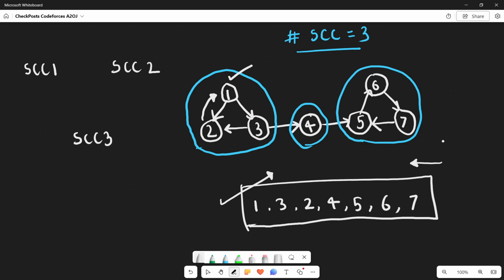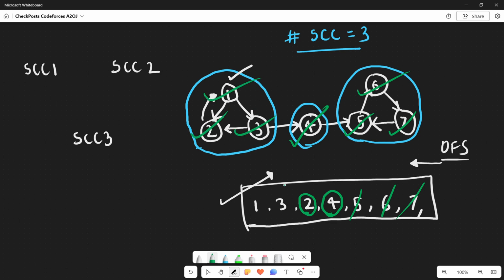and start from the behind. Start applying DFS from the behind, so you will apply DFS on 7. So these nodes will get visited: 7, 5, 6. Then you won't perform DFS on 6 and 5. 7 is already gone. Then you will perform DFS on 4. So it will be another strongly connected component, and then you will perform DFS on 2. So it will visit 2, 1, and 3.